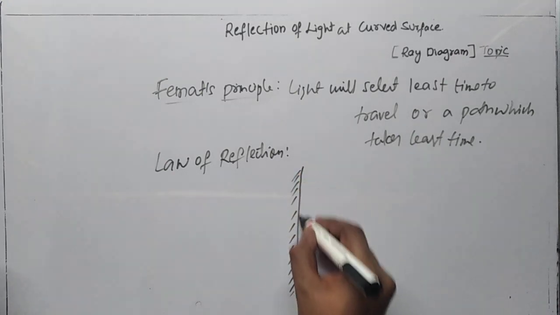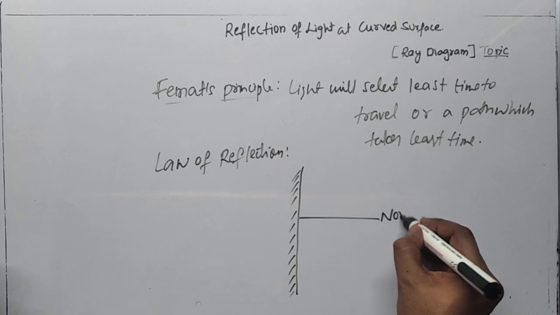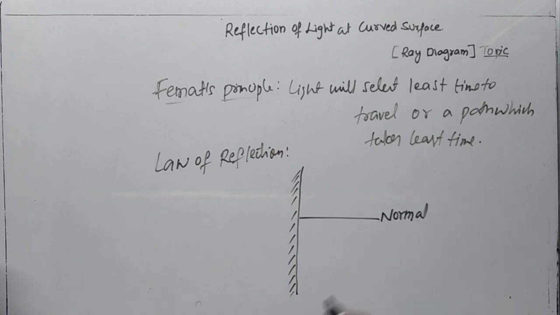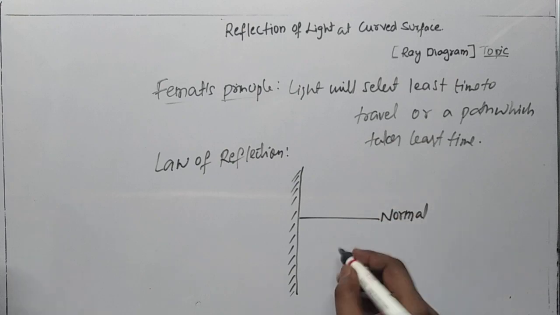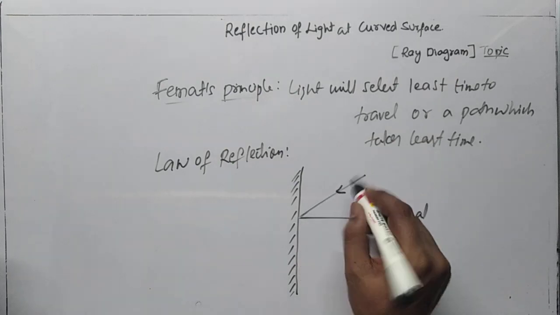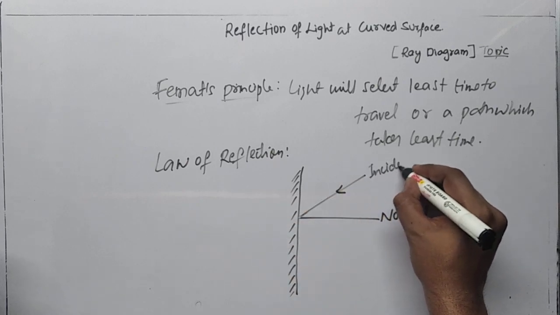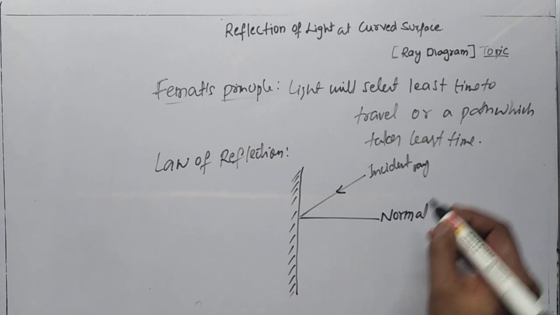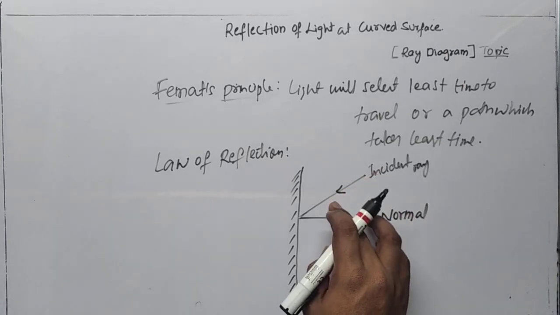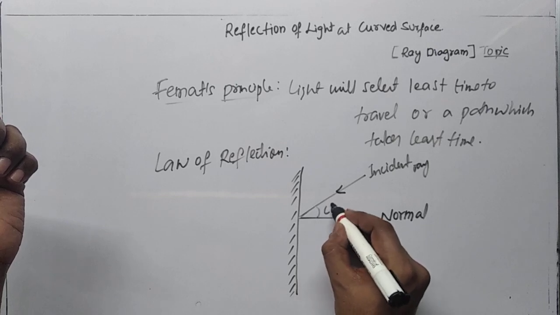Any line which is perpendicular to this plane mirror is known as the normal. You have learned this in 7th class. A ray which is traveling towards a plane mirror is known as the incident ray, and the angle between the normal and the incident ray is known as angle i.